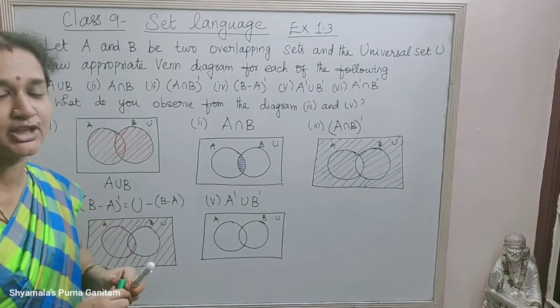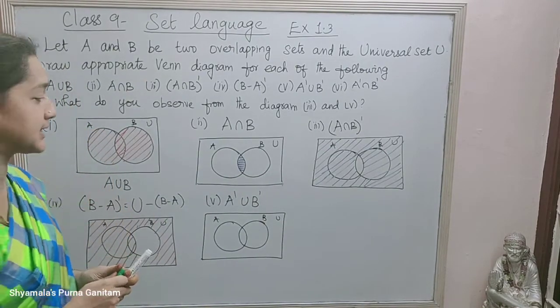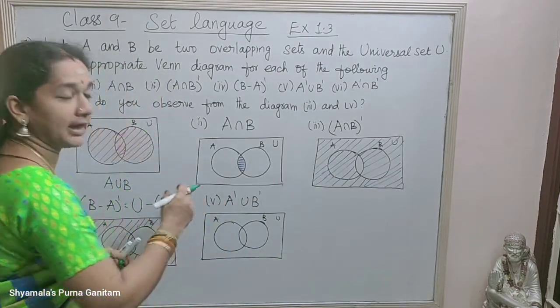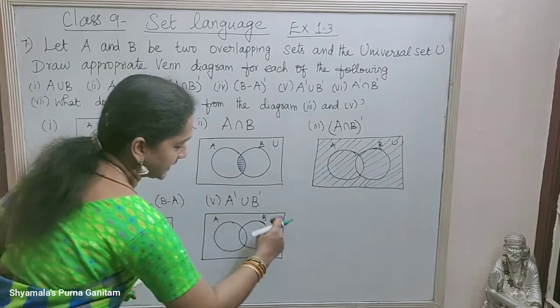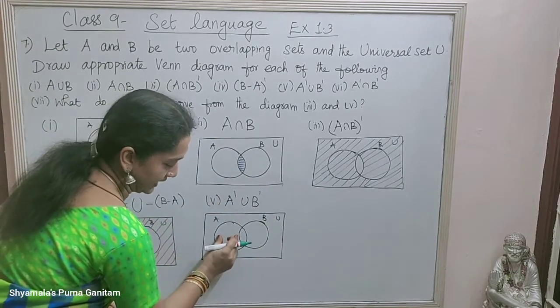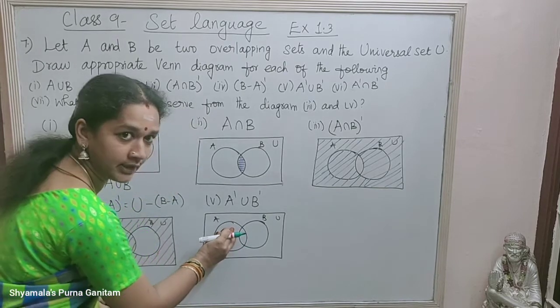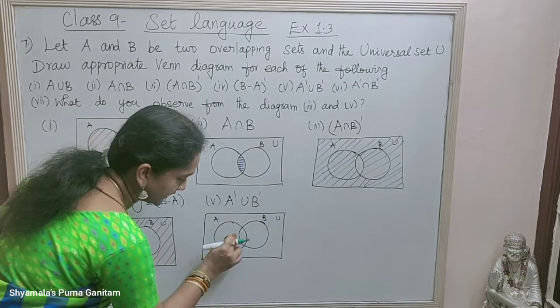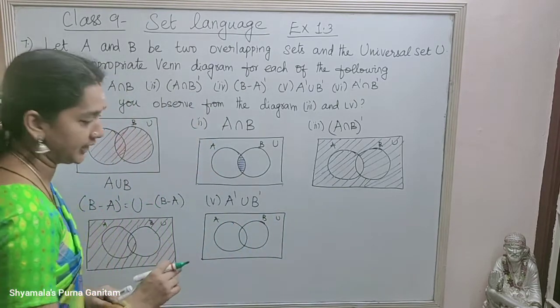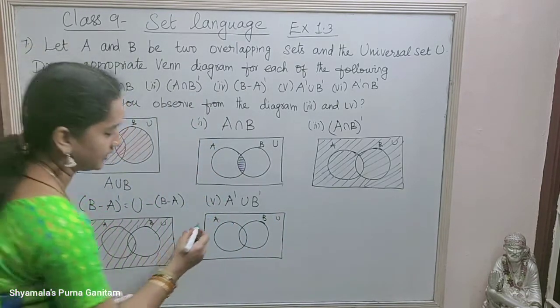So what is A dash? A dash is universal set minus A. So this part only you will remove. The remaining things you will shade. That is A dash. Okay.